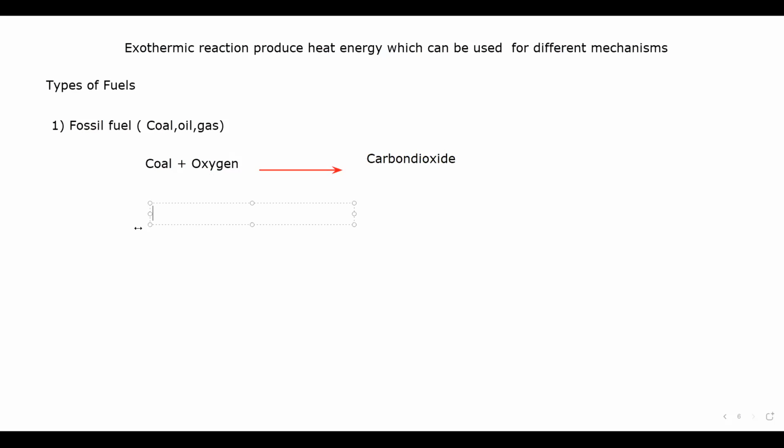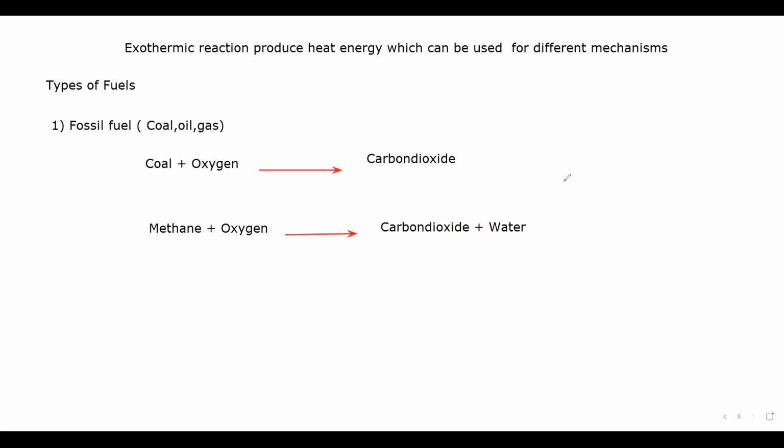In the same way we have methane, the natural gas which is used as a source of energy, plus oxygen. Methane contains carbon and hydrogen, so when we burn it, it produces carbon dioxide plus water, since it contains hydrogen.